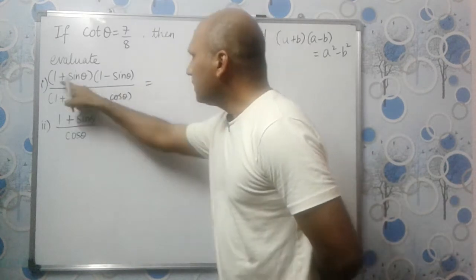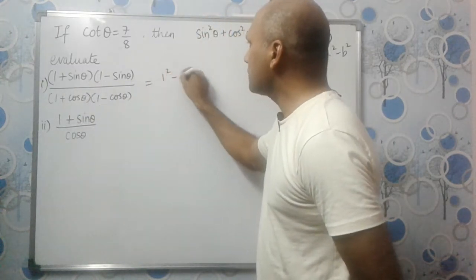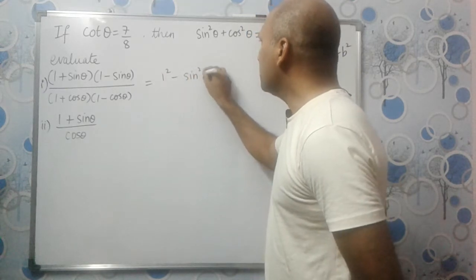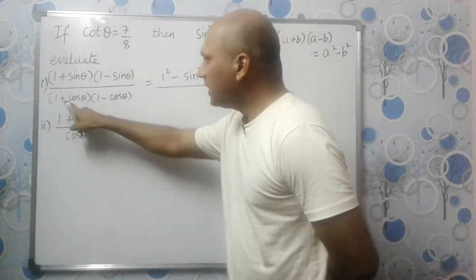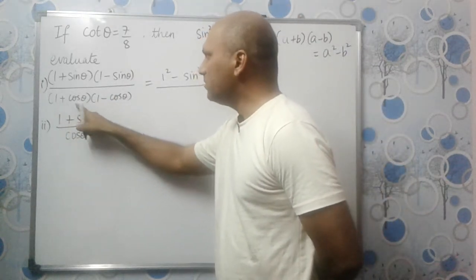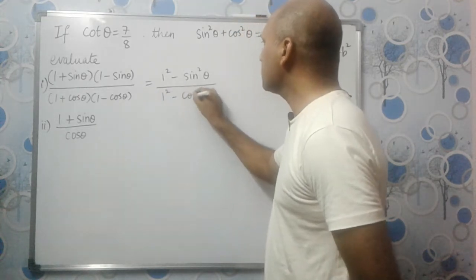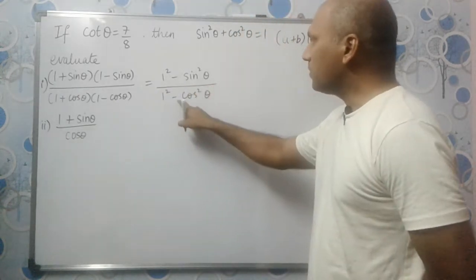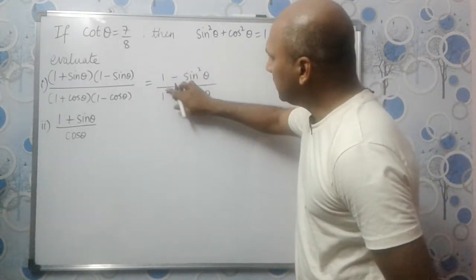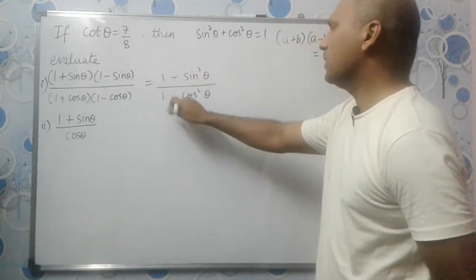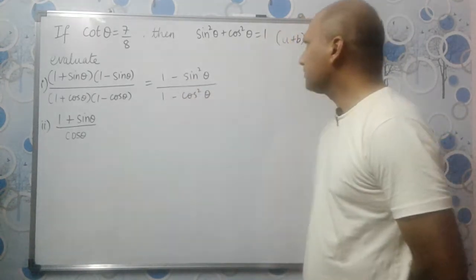In the same way, the numerator will be a square minus b square, which is 1 square minus sin square theta. Same thing in the denominator, so this will also be a square minus b square, which is 1 square minus cos square theta. 1 square is 1, here also 1 square is 1. So 1 minus sin square theta divided by 1 minus cos square theta.